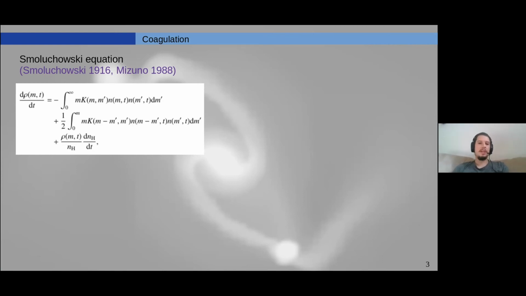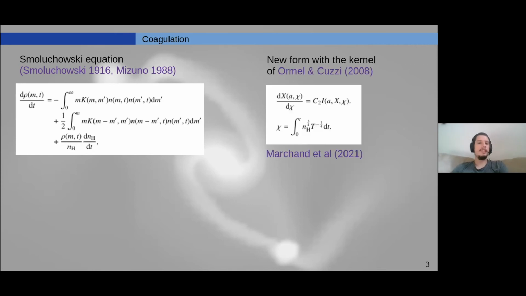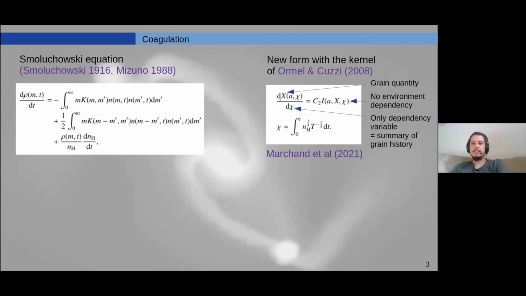So we've found a new way to write this Smoluchowski equation with some algebra, written in this form. Here you have a quantity that varies as a function of only one variable that depends on the environment, meaning the density and temperature.